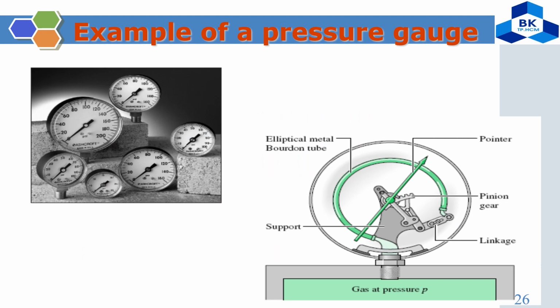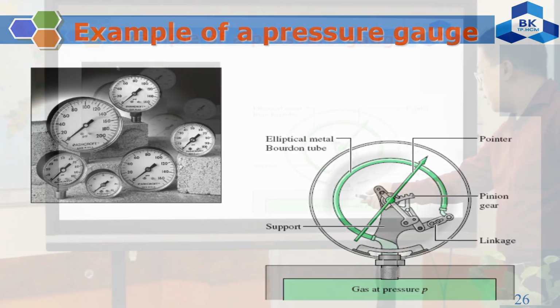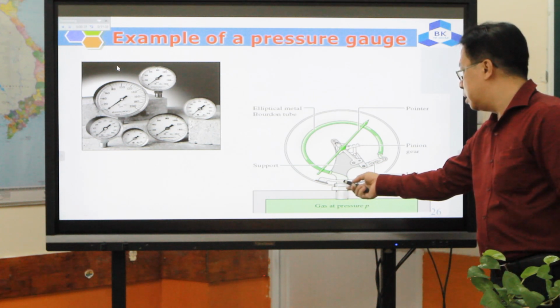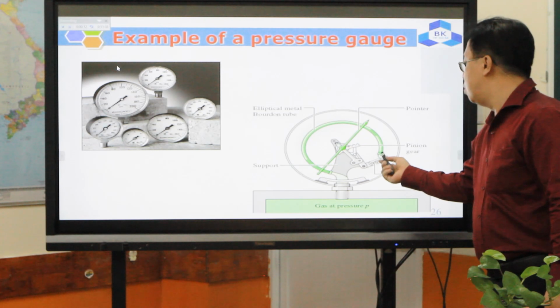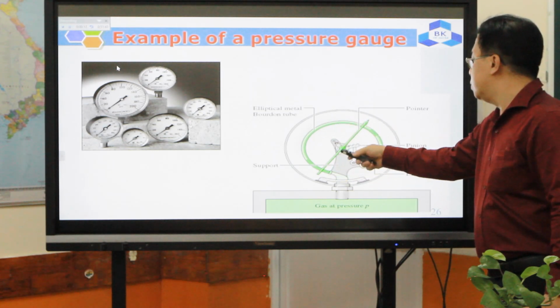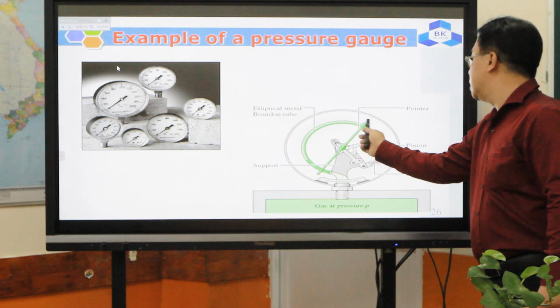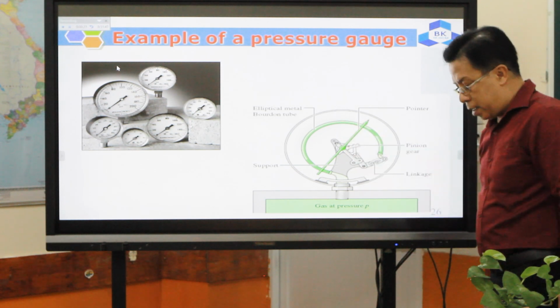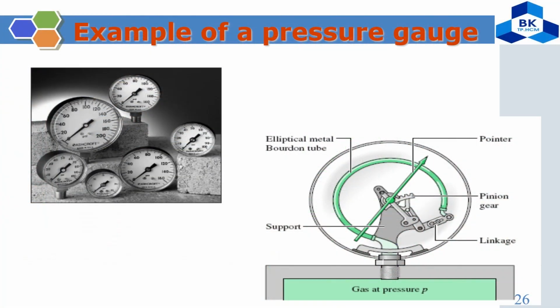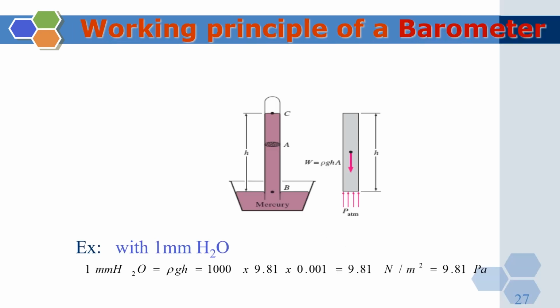So the pressure gauge, as you know, when the gas goes into the pressure gauge, it will move this tube around, and when it moves the tube, it will move the pointer to point at the pressure that we want to measure.